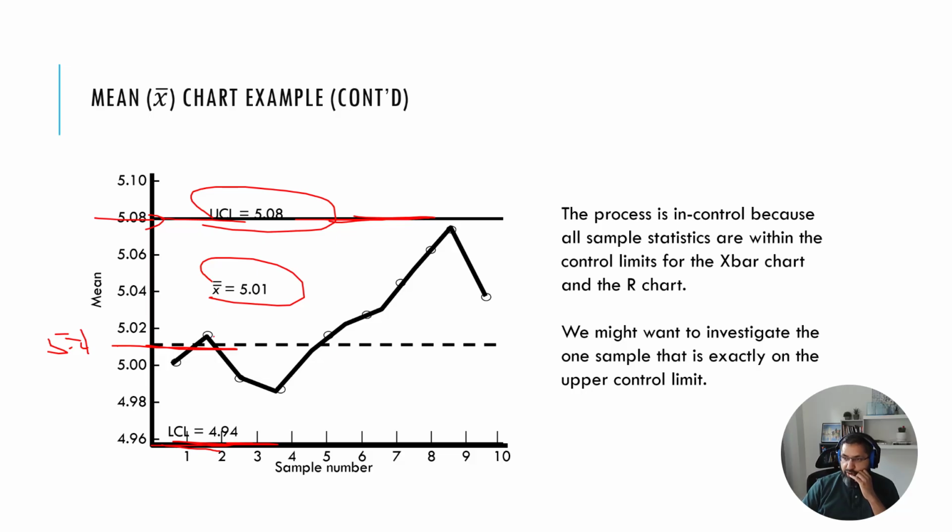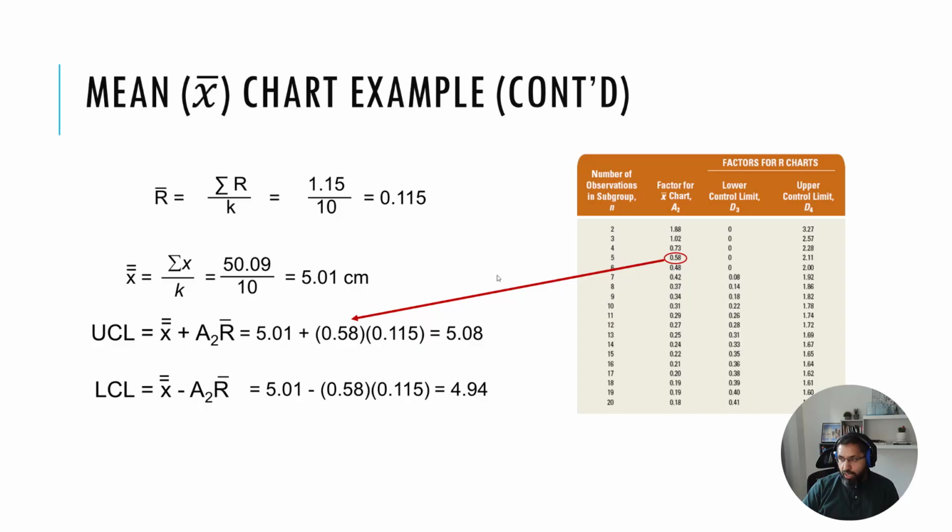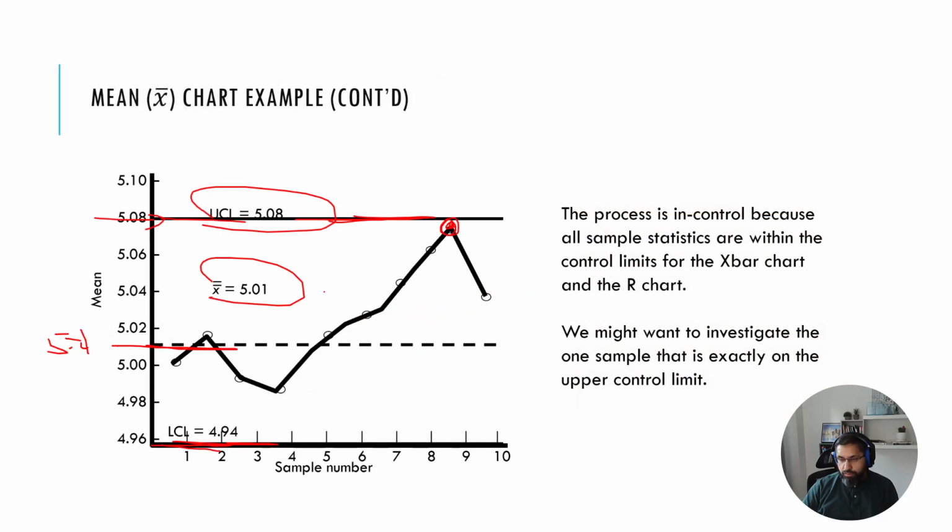You can see that for the different samples, the x bar goes up and down, and it's within the control limits. This one is very close to the upper control limit. So that's how you can draw the x bar control chart.